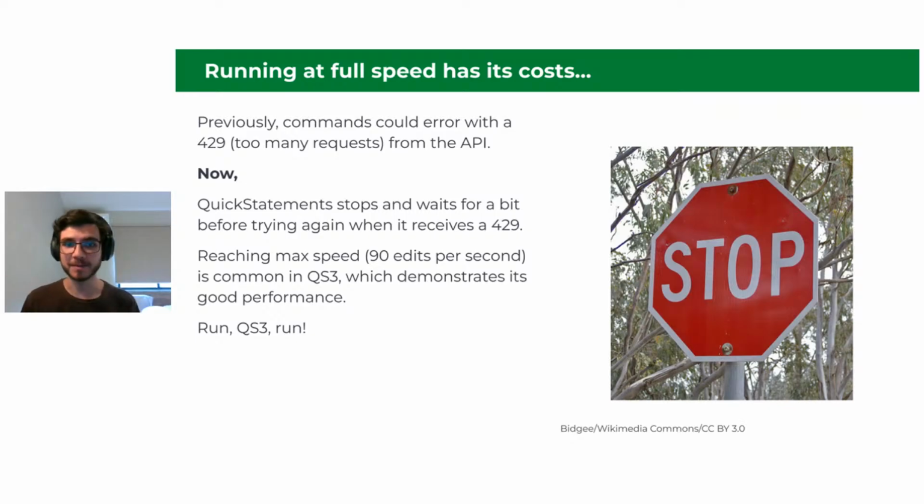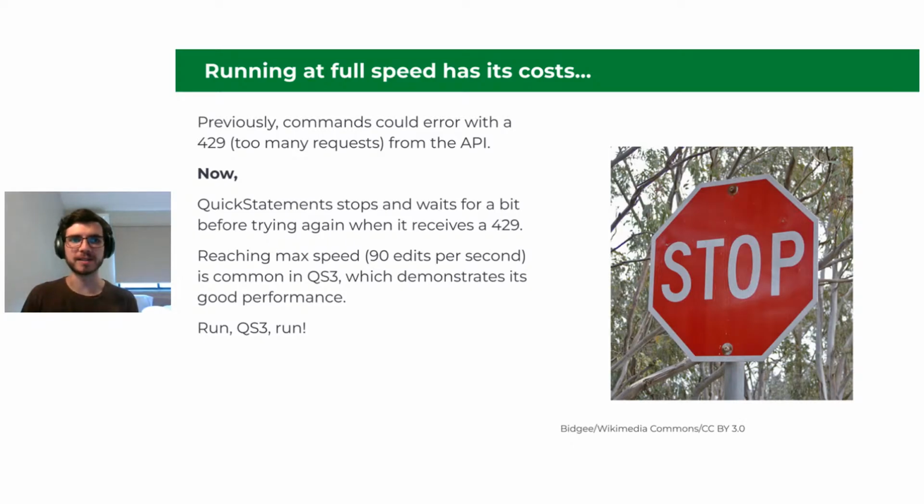But about running batches, running at full speed has its costs. So we were constantly hitting 429, the error code from the API, which is too many requests. The API was basically telling us, hey, you're going too fast, calm down, stop editing for a little bit. And it was throwing errors for users.